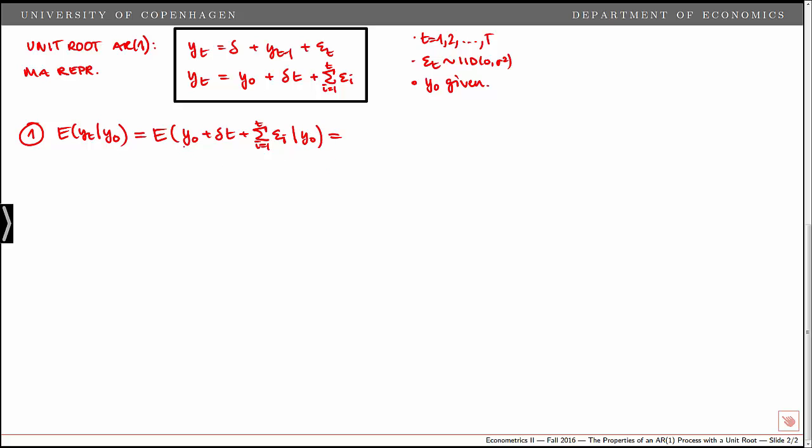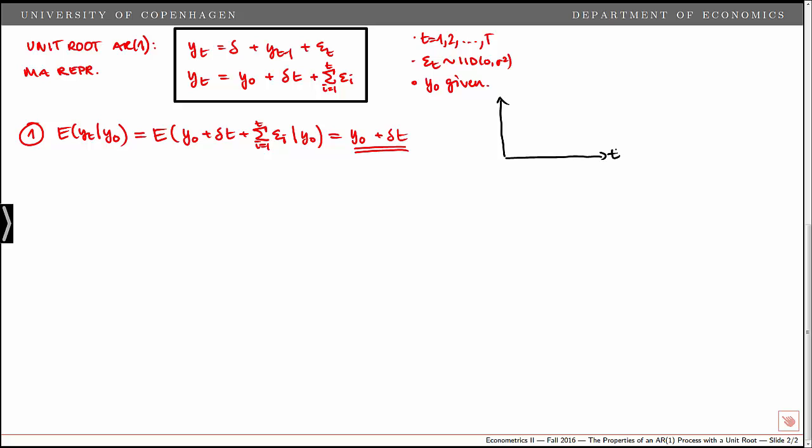So the conditional expectation of y_0 given y_0, that's just y_0. Then we have the linear trend given by the constant term times t. And then finally note that the expected value of the stochastic trend, the expected value of each of the epsilons given y_0, that's just equal to 0. So this is the expected value of y_t given the initial value.